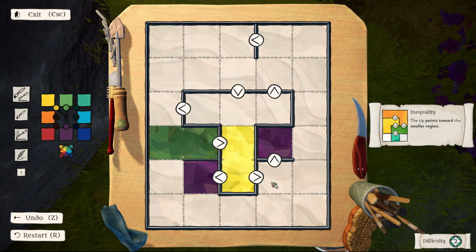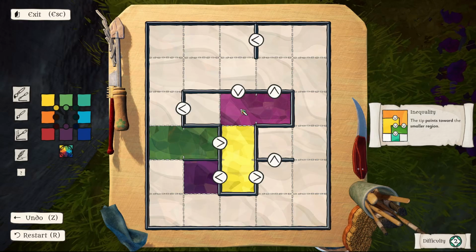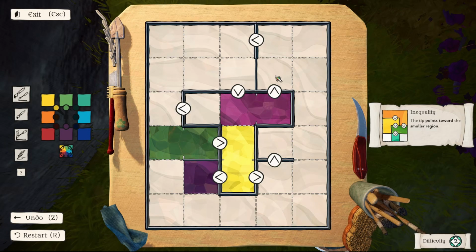I need something smaller than that, but I don't know how big that is. About here. Can I do anything with this? This is bigger than something, so it's at least 2. And so I can put a line here. This also has to be bigger than a 1, so they are connected.